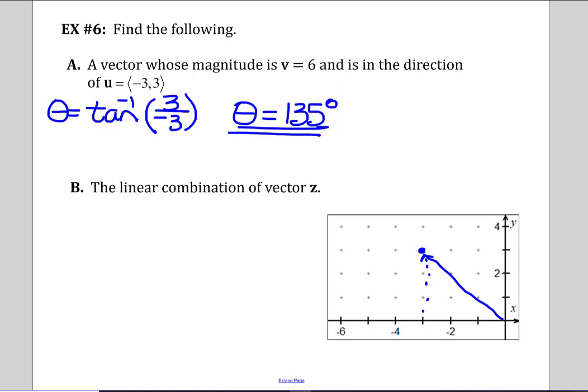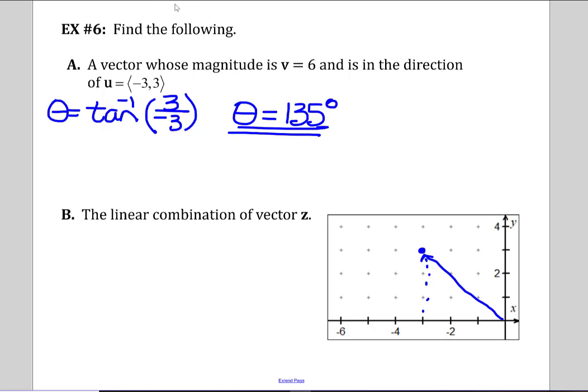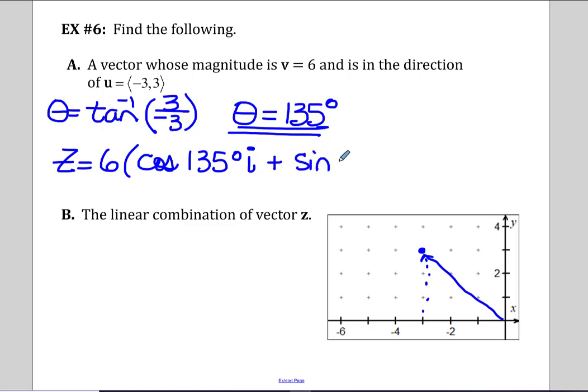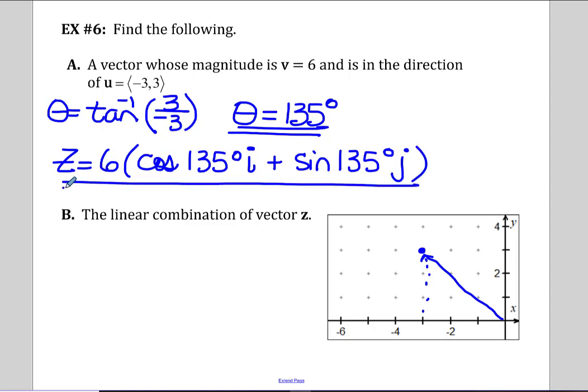So we want a vector that's 6 units long in that same direction. So to make it 6 units long, that's my magnitude. So my new vector is going to be 6 times cosine 135 in the i direction plus sine 135 in the j direction. And I put the 6 out in the front.